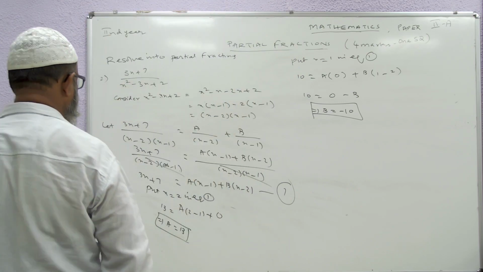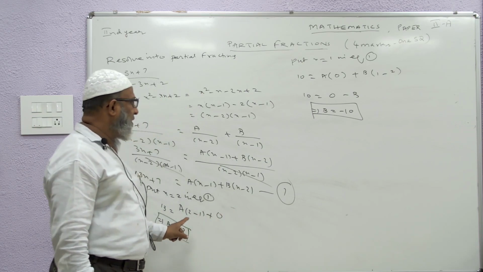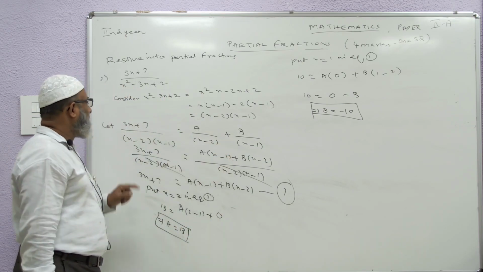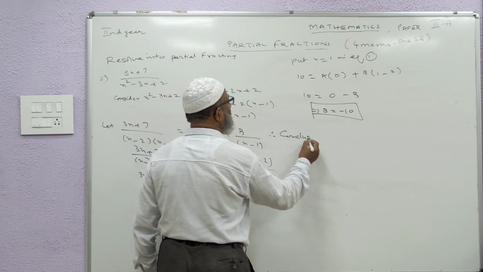Therefore, after getting the values of a and b, you have to substitute the values again in the given partial fraction. This is your conclusion part.